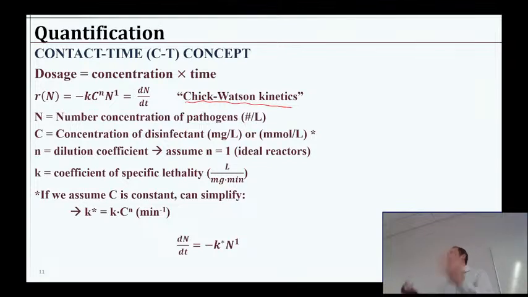So we can boil this all down to the typical dN/dt is equal to negative K times N. Right? We've started here with the class. We know this now. We can do that. And most of the time, that's going to go into a plug flow reactor. There's nothing stopping us from designing a CSTR. It's just probably not as effective for what we need.